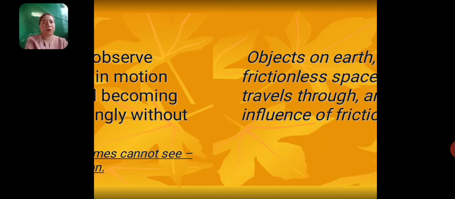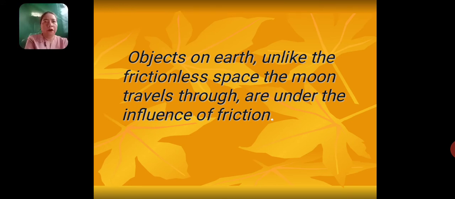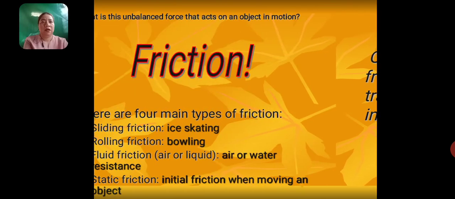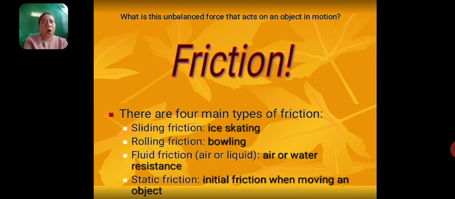So, what is friction? Objects on Earth, unlike the frictionless space the moon travels through, are under the influence of friction. So, what is this unbalanced force that acts on an object in motion? Yes, that is friction.